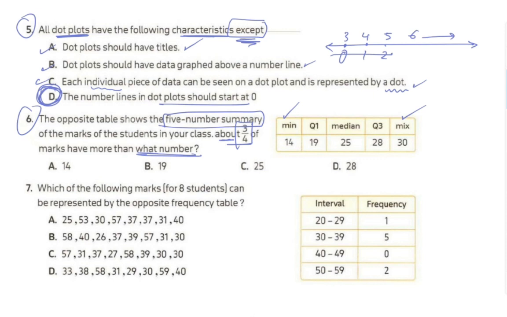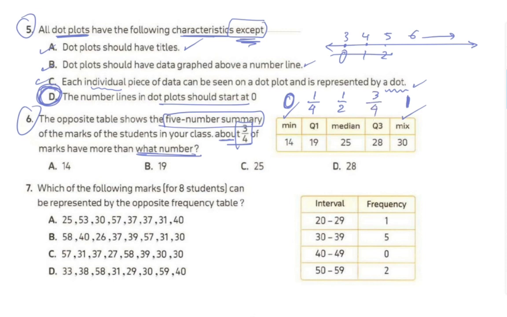Now I can represent this 5-number summary as 0 and 1: the minimum as 0 and the maximum as 1. Q1 is the lower quartile, then the median and the upper quartile. The median is half of the values, the lower quartile is 1/4, and the upper quartile is 3/4.